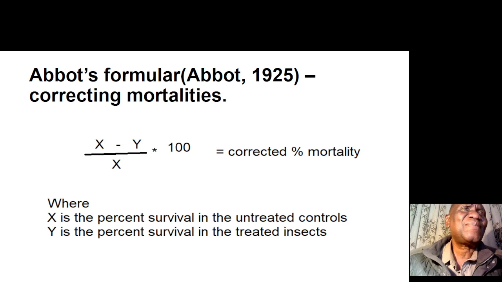You have x minus y divided by x times 100. This is the corrected percent mortality, where x is the percent of survival in the untreated controls and y is the percent of survival in the treated insects, for example.